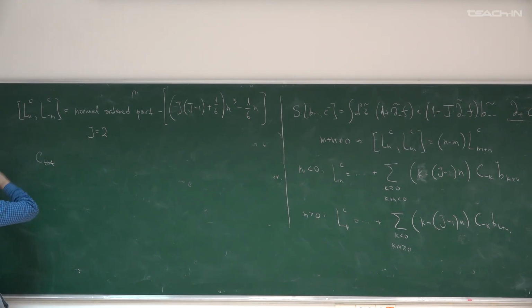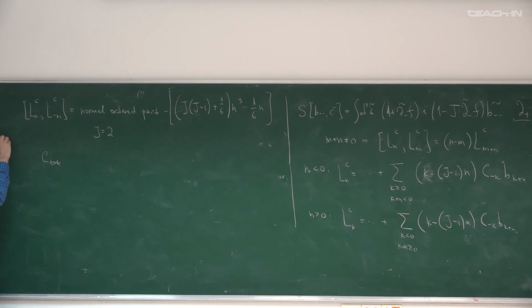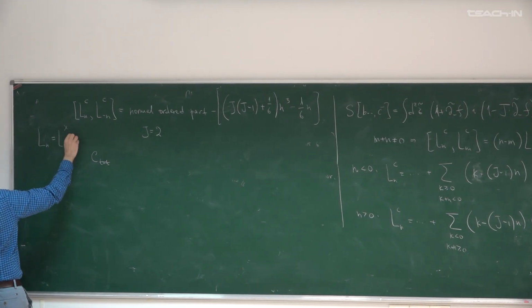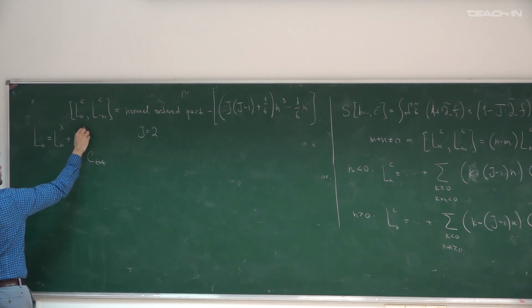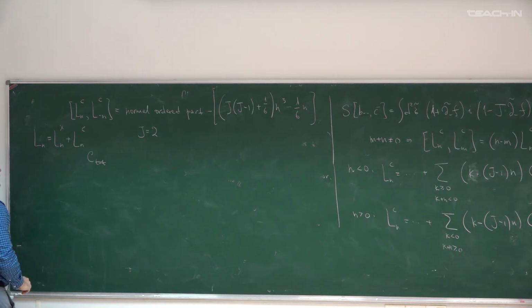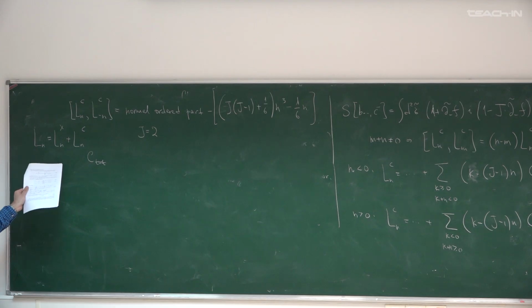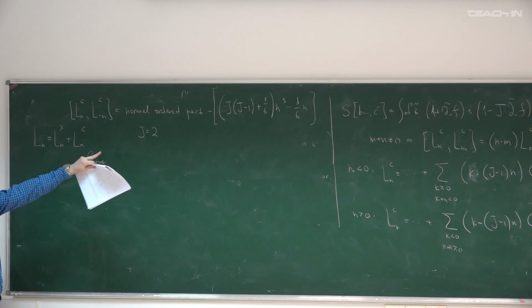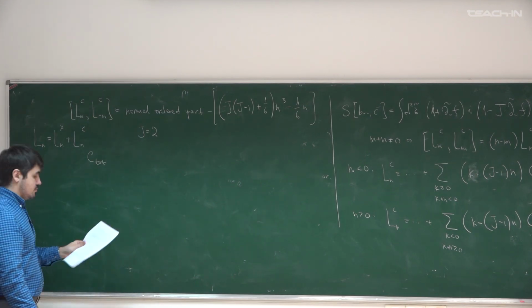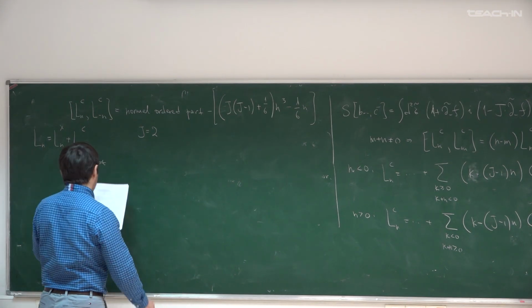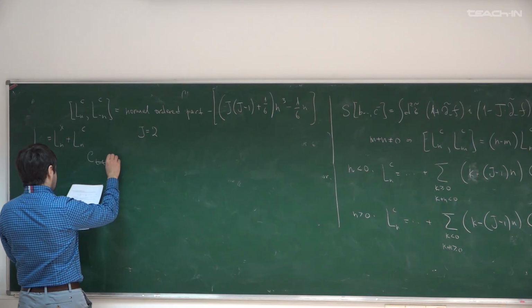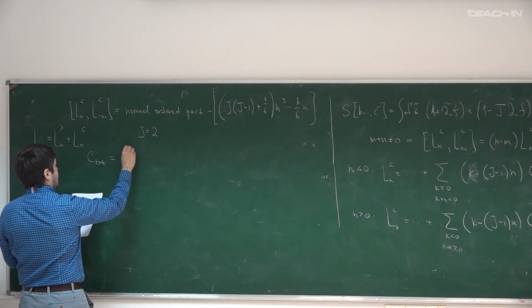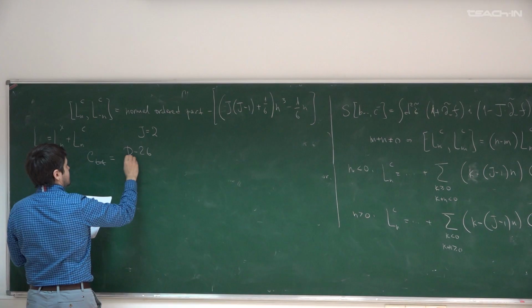So the full L_n is L_n coming from the X part plus L_n coming from the BC part. When you calculate the commutators, there will be a part in the central charge coming from the X fields and a part coming from the BC ghosts. So the total central charge turns out to be (d minus 26) over 12.